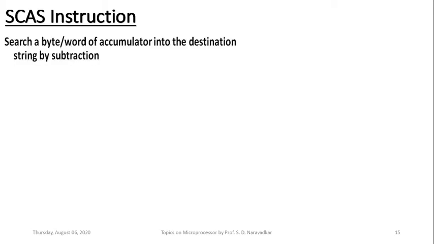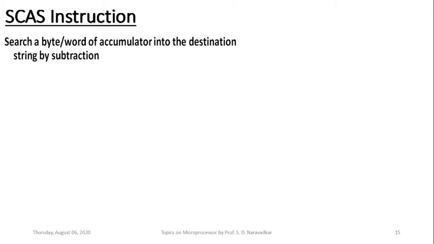Then the next instruction is the scan string instruction, SCAS, having two variations, scan string byte and scan string word. Scan string means searching for a particular byte or word of the accumulator in the destination string by way of subtraction.